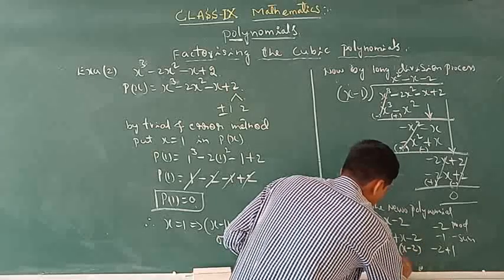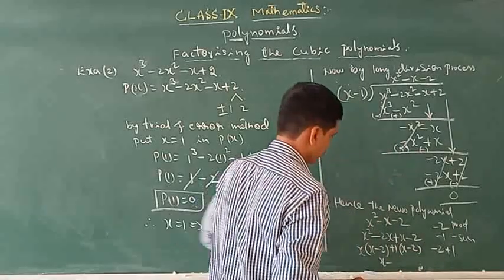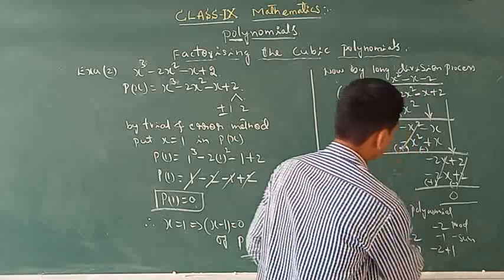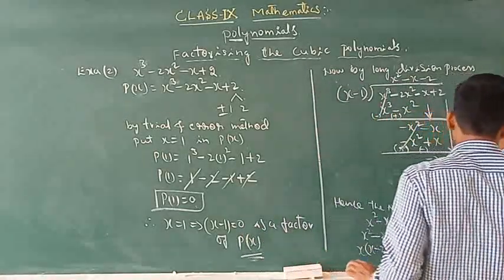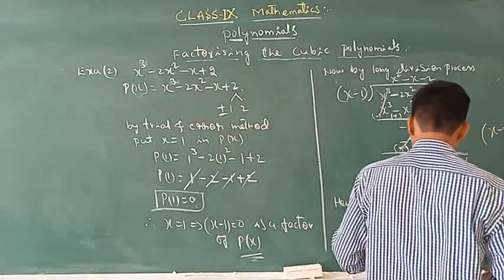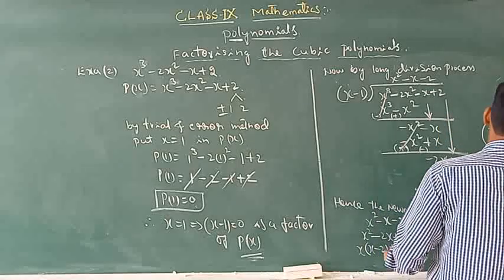Therefore your factors are like this: x minus 2 into x plus 1.